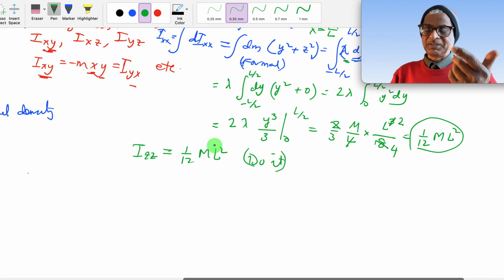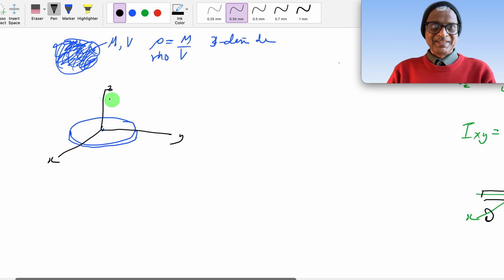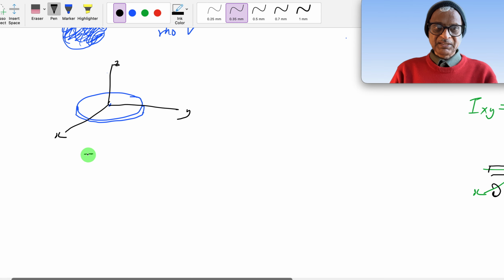So we can have the same axes as before: x, y, and z axis. Let's do Izz first, just because that's the one you're kind of familiar with. So like rotation about this.